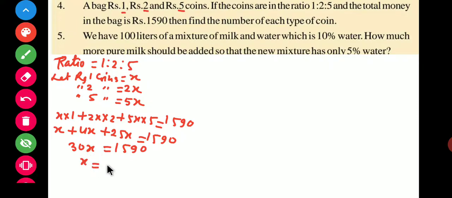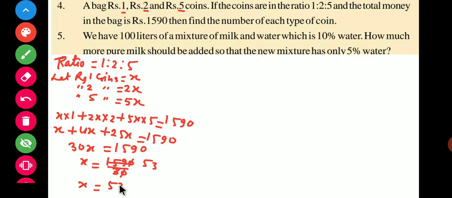So we get x equal to 1590 divided by 30. As you know, 0 cancels with 0, 3 fives are 15 and 3 threes are 9. So we get x as 53. So in your question, you get the x.